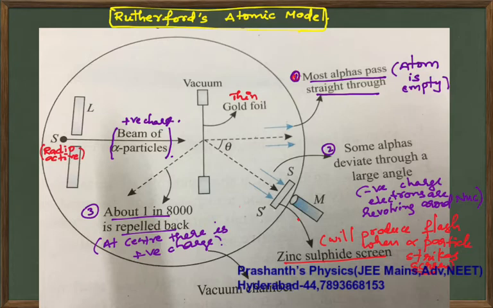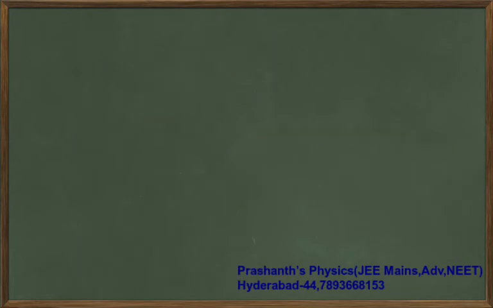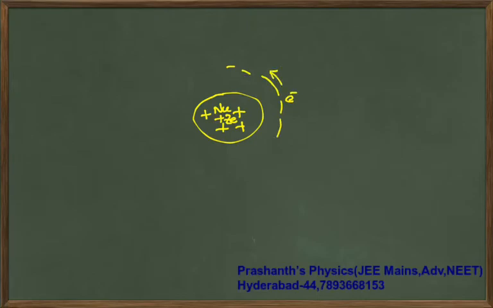From this, what does the structure of the atom become? The rough idea Rutherford gave is that at the center you have a nucleus with positive charge, plus Ze. Around this there are electrons revolving in a clockwise or anti-clockwise direction.